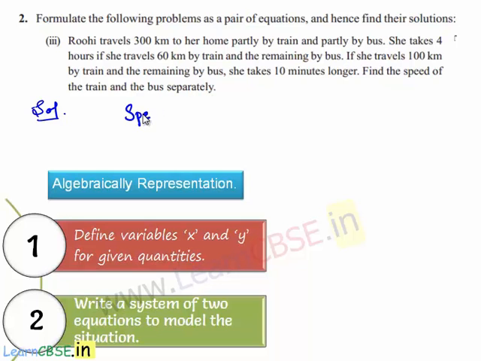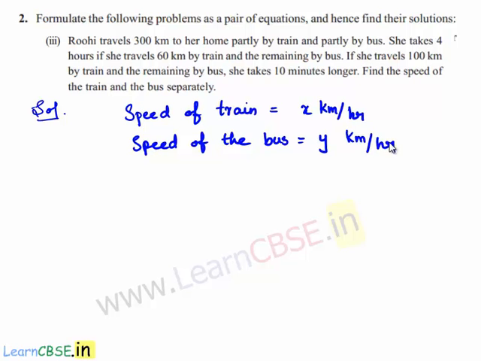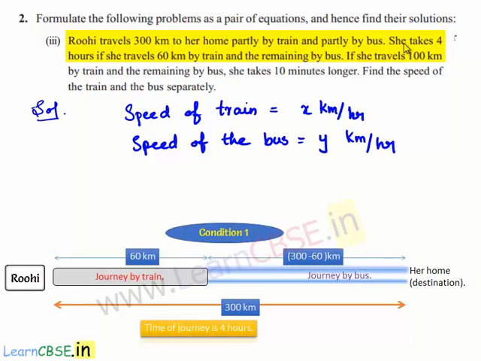So the speed of the train is equal to x kilometer per hour and the speed of the bus is equal to y kilometer per hour. According to the first condition, she takes 4 hours if she travels 60 km by train and the remaining by bus.